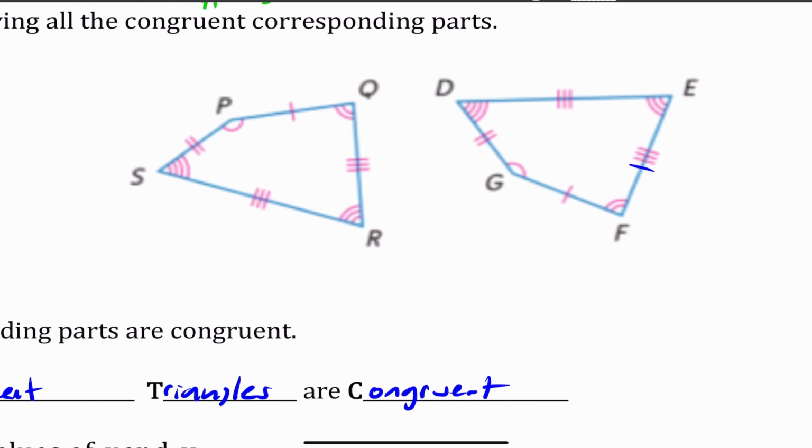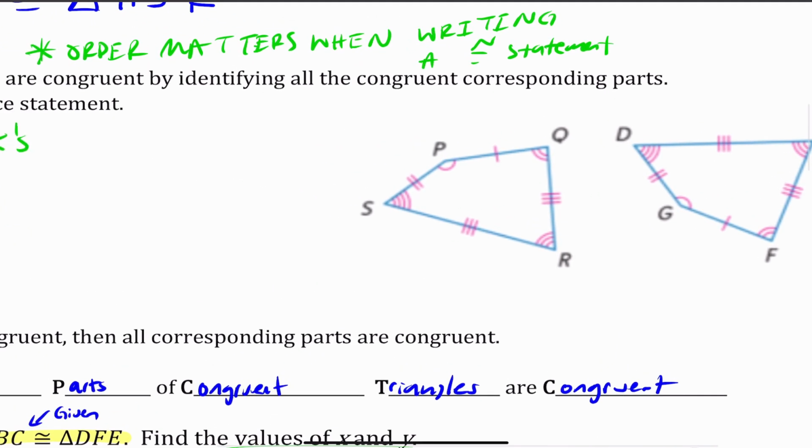In fact, we're going to go along with what we have here because the notes were taken from the book and it seems like it was intentional that we have the 3 tick marks here and the 3 tick marks here on the same figure, and that applies to this figure as well. So let's go ahead and just start over real fast. I'm going to go a little quick though.